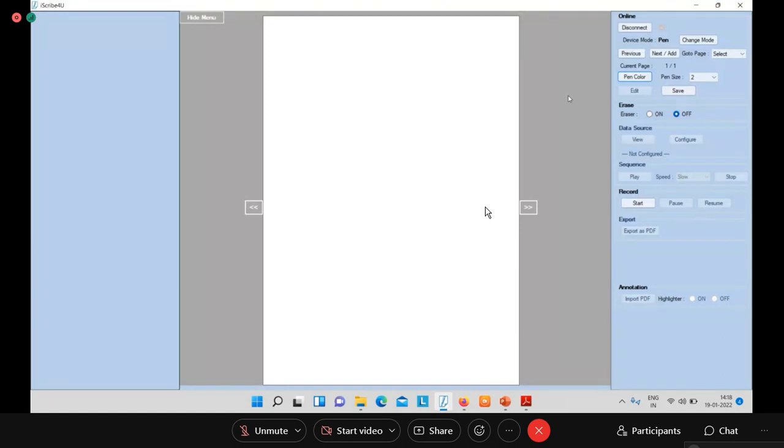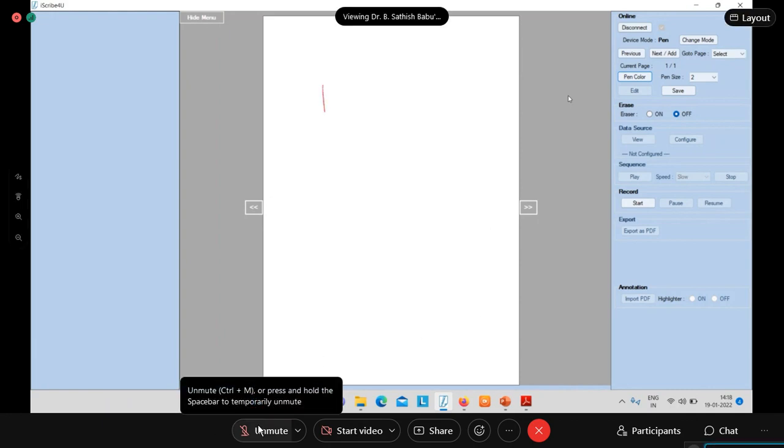I think you can see this board. Okay, so suppose this is the membrane, and I'll call this a semi-permeable membrane.